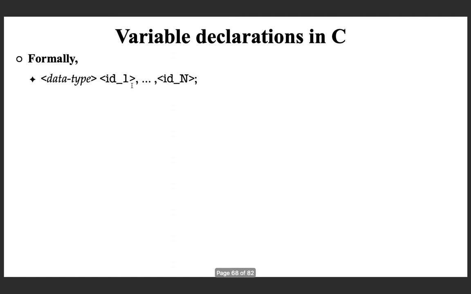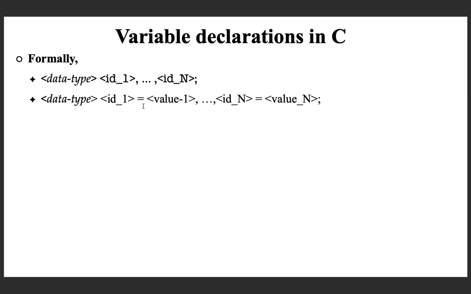And formally, this is the syntax of a variable declaration. First, you have to give the data type, then a space followed by the first identifier that you want to declare as a variable, then a comma. So the comma is separating two variable declarations, and it should end with a semicolon. So that is the syntax.